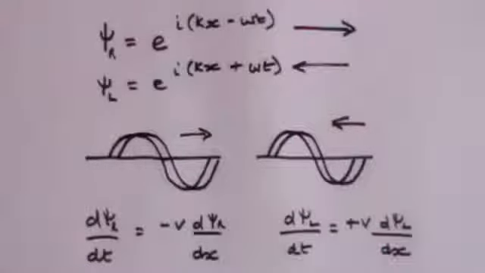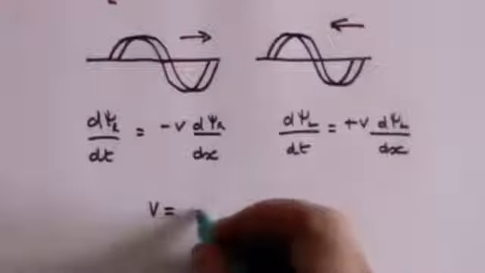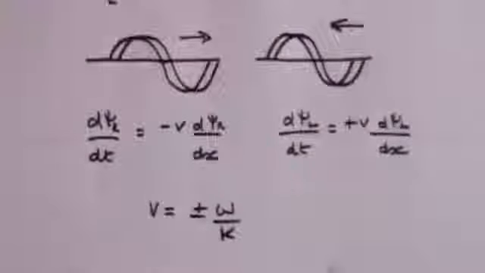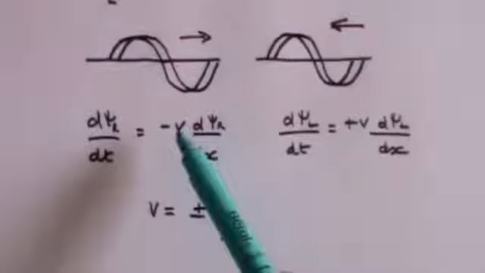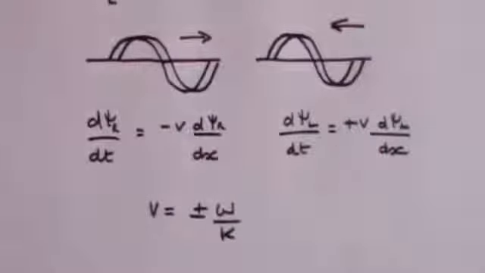So the wave equation differs depending on whether it's a right or left moving wave. And that means that, of course, v is equal to plus or minus omega over k, depending on whether you bring down the minus term for the right moving wave or the plus term for the left moving wave.